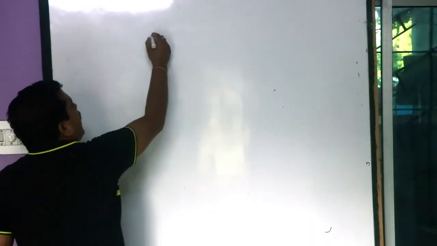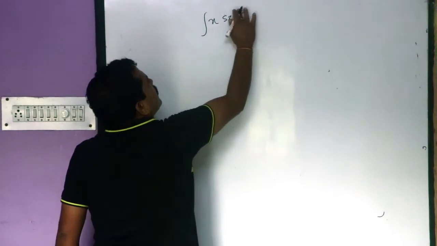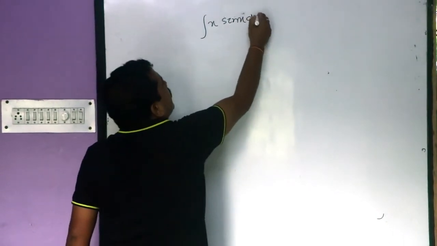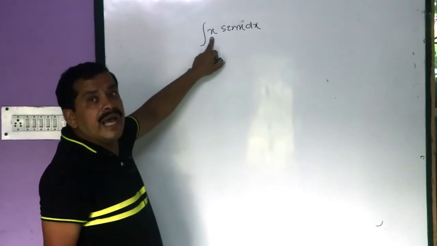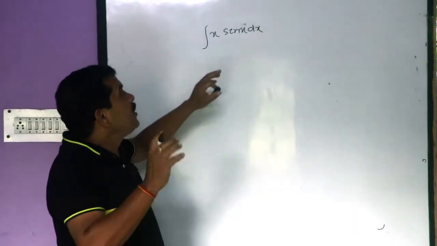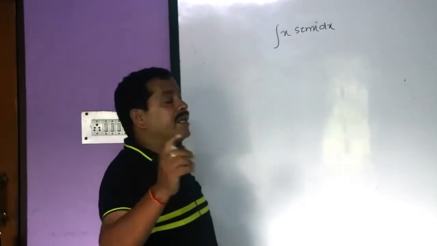Take two functions like x into sin x. Here one is a trigonometric function and another is an algebraic function. So we have to choose one of them as the first function and another as the second function.